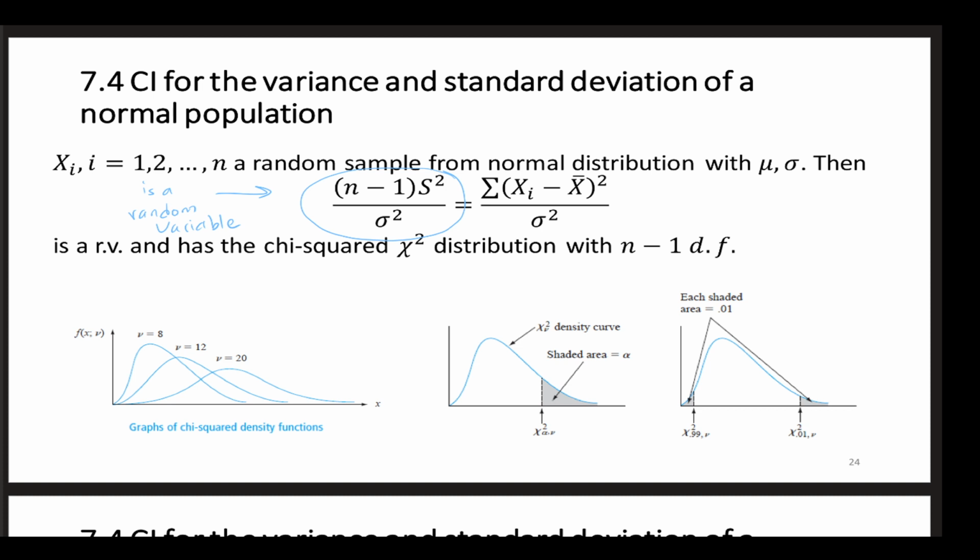We mentioned that distribution back in chapter 4 very briefly. We mentioned it was a special case of these more complicated distributions, but the chi-squared distribution is a non-symmetric distribution for the most part. As the degrees of freedom get large, it becomes more and more symmetric. You can kind of see that here in the graphs. But if your degrees of freedom are very small, it's very skew right.